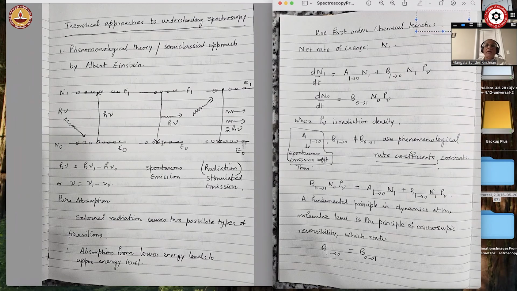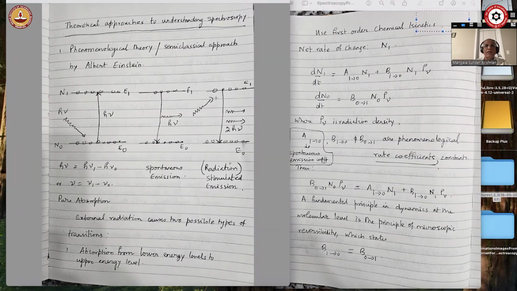But N1 also becomes N0 by another process, namely the radiation hits it. So if the radiation hits it, obviously the radiation density will also contribute. So dN1 by dt also changes due to N1, the number of molecules in the state, and rho nu, the radiation density, together multiplied by a constant rate coefficient.